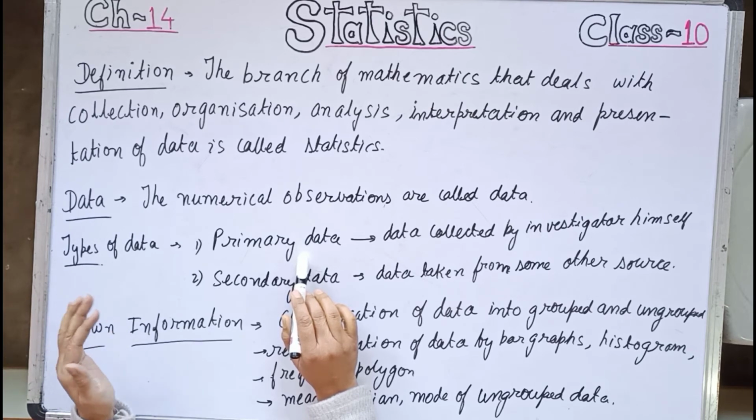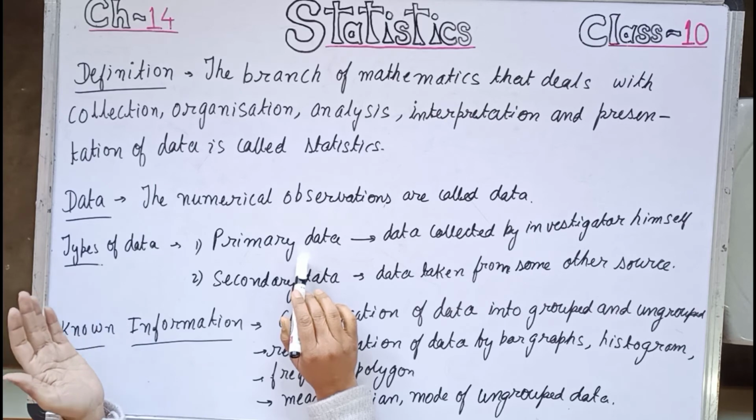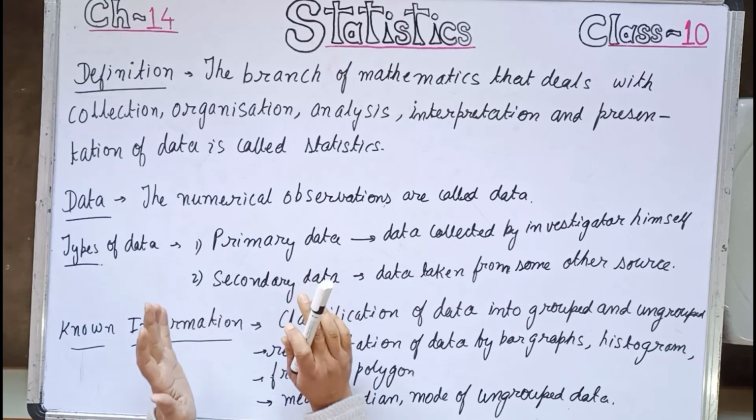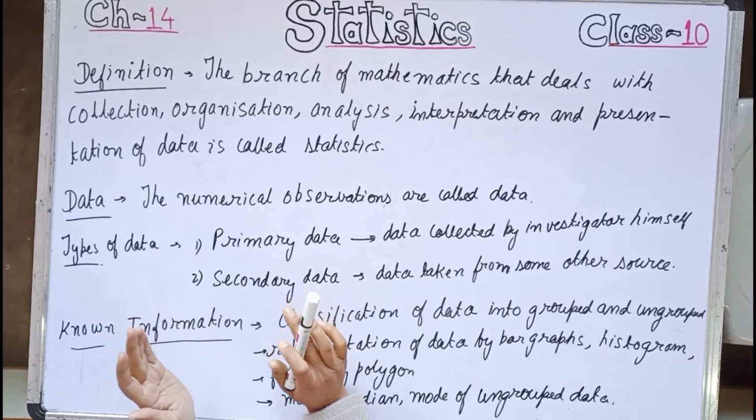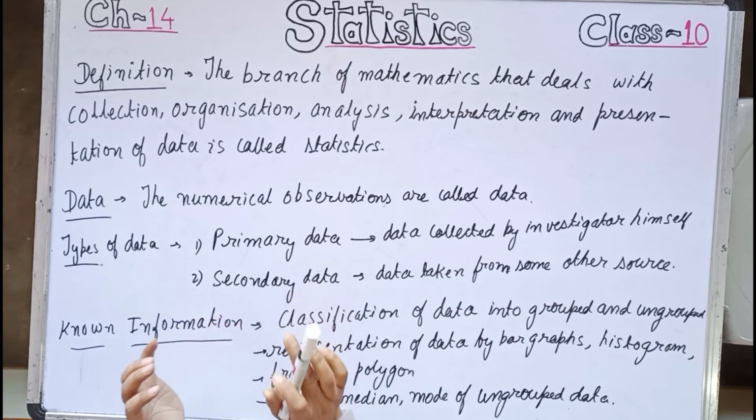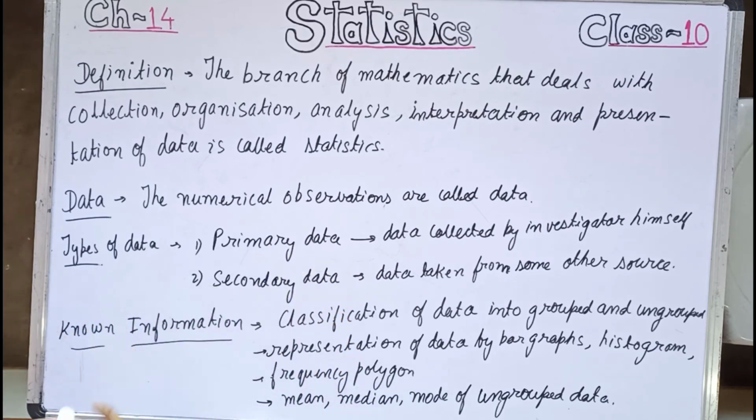Suppose I ask roll number 1 to collect the marks of the students of his class. So he will write roll number 1 got 40 marks, roll number 2 got 42 marks, 76 marks, 94 marks, and so on. He collects the data himself and will give it to me.